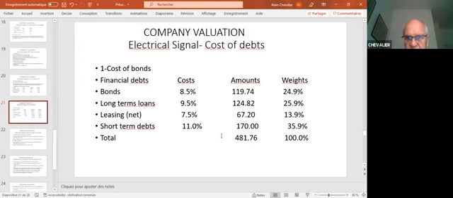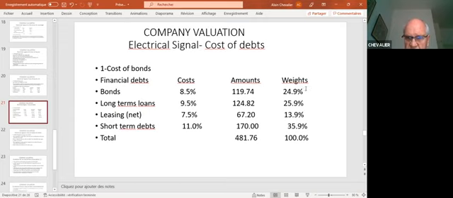And we start with the cost of bonds and financial debts. Bonds cost is 8.5% for an amount of 119.74. This is what we have calculated. And total, which is 481.76.